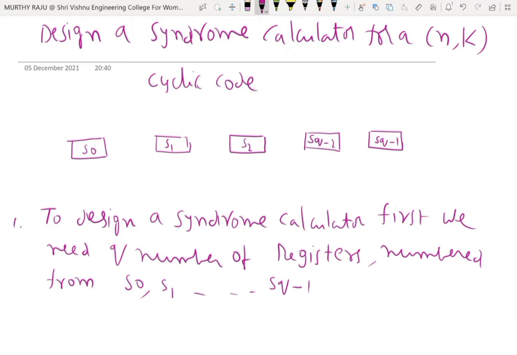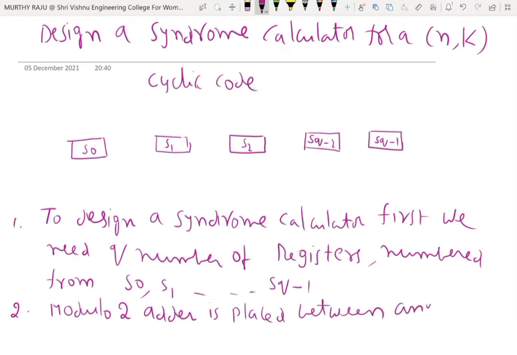A modulo 2 adder is placed between any pair of registers.